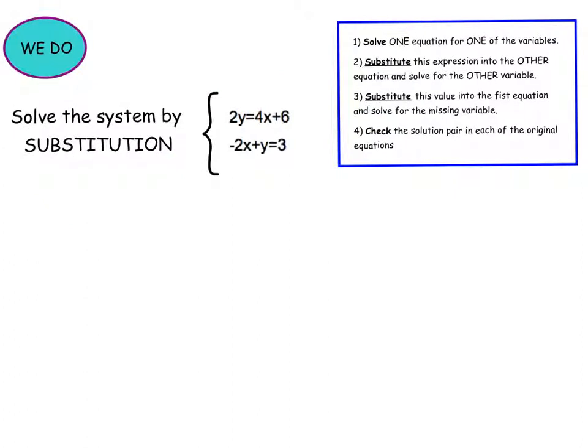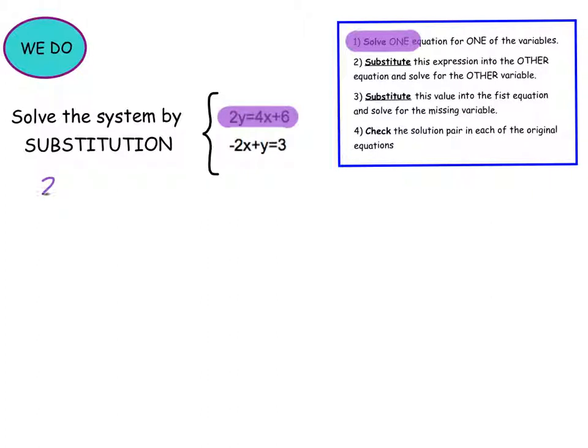Last but not least, we have to solve the system by substitution. Now, notice, if you look at our system, we need to actually do step 1 here. Step 1 is to solve one equation for one variable. We do not have that currently. And so I'm actually going to solve this first equation for a variable.